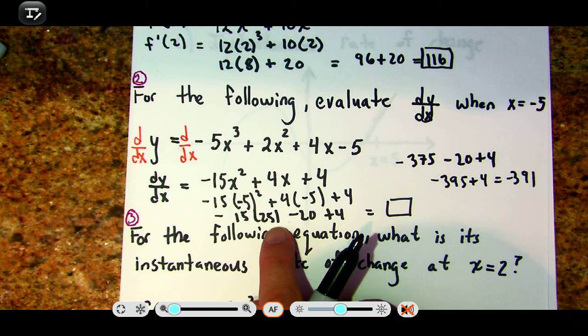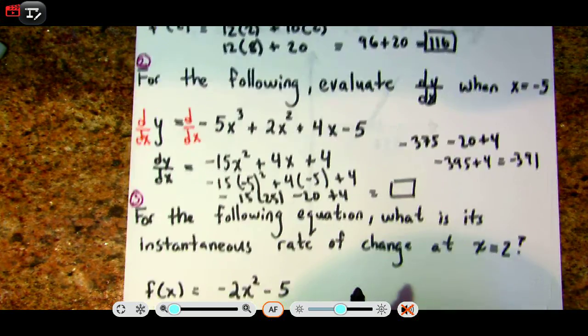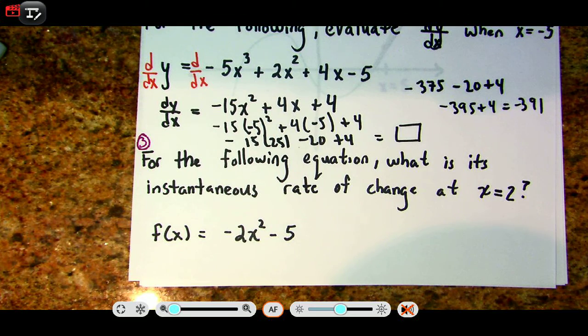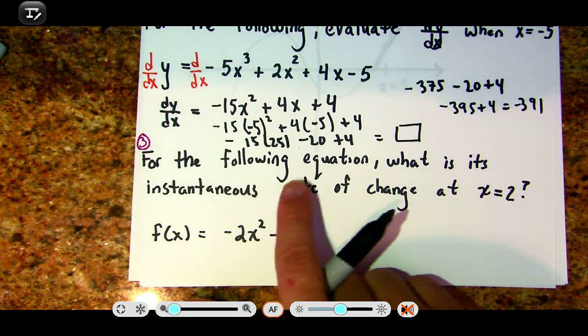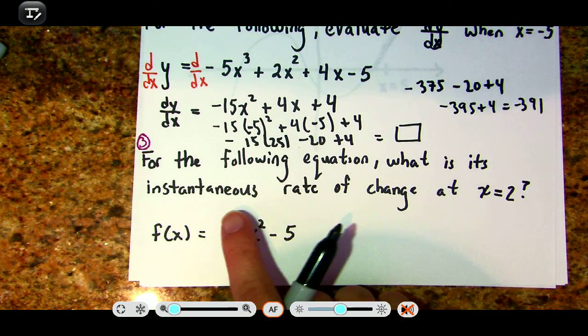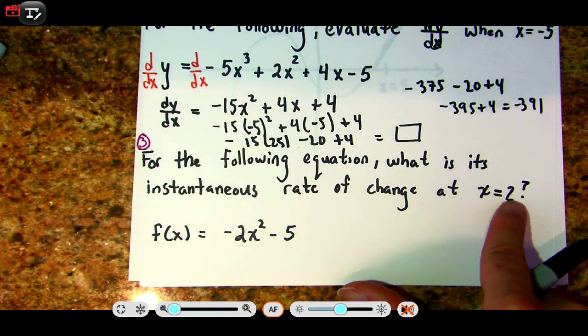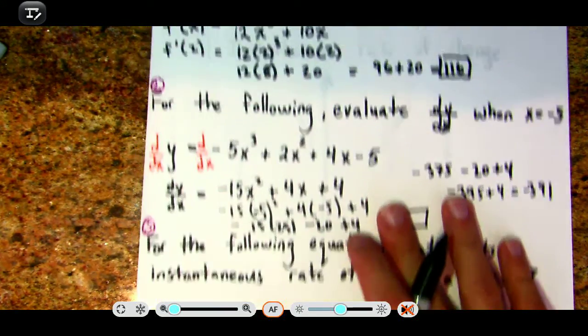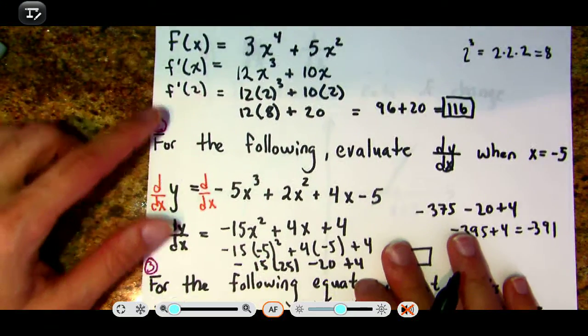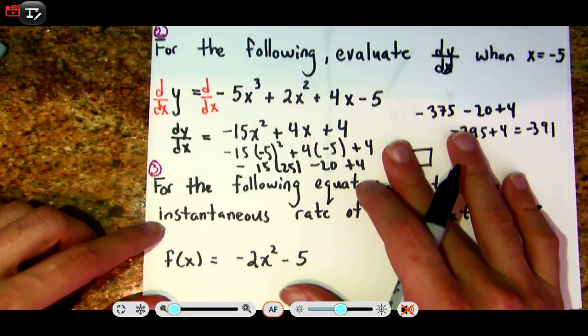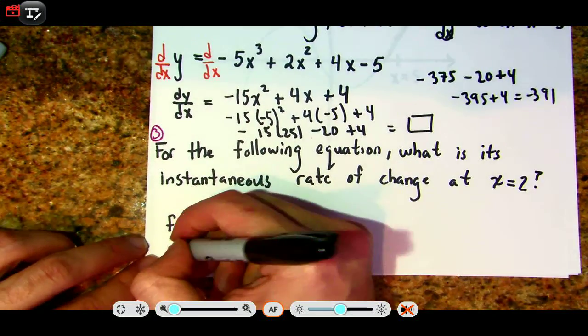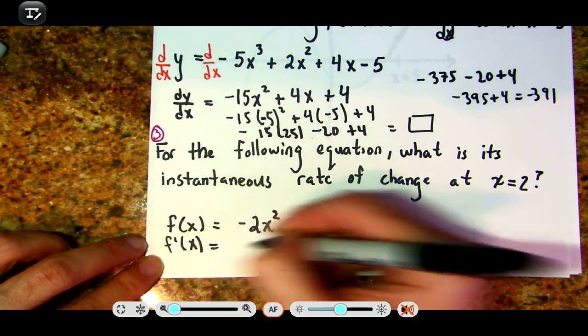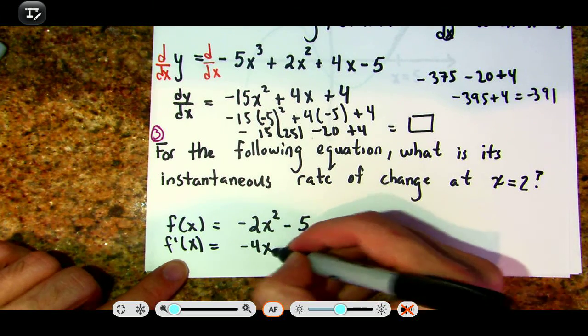Okay. Here, for the next one, it's saying for the following equation, what is its instantaneous rate of change at x equals 2? So just like how we found the derivative for here, we found the derivative for here. Here, we're just finding its derivative. So we're just going to find f prime of x is equal to negative 4x minus, oh, this is just 0, right?